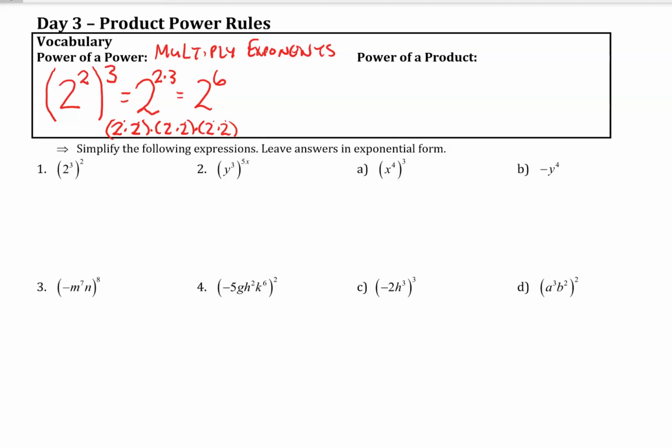Power of a product. If I took 2 squared and I multiplied it by 2 to the 3rd, I would get 2 to the 5th. So I would add the exponents together.